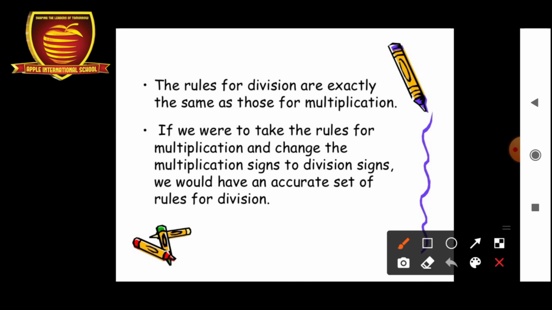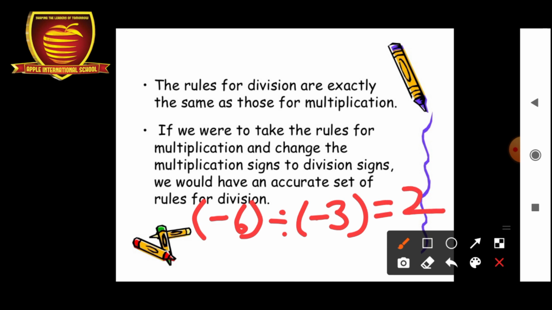For example, -6 divided by -3. If both signs are negative, or if both signs are the same, then the answer is positive. So the answer is 2.